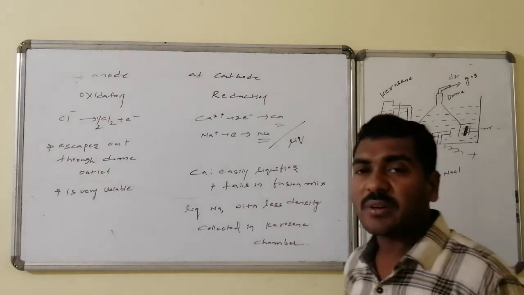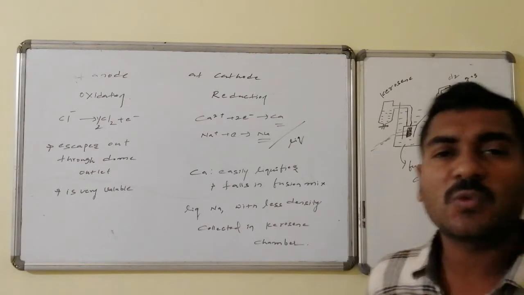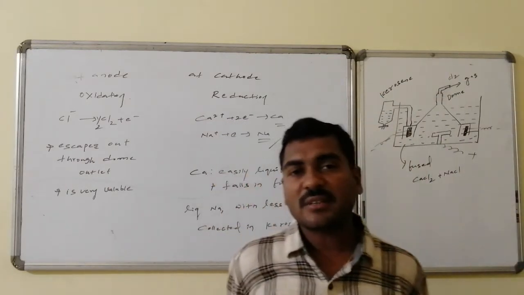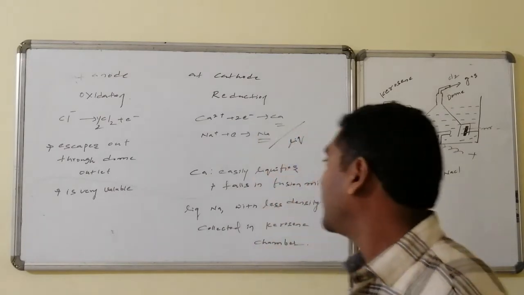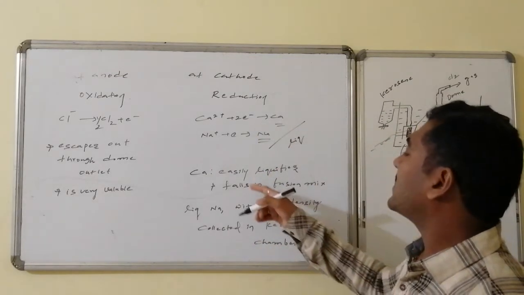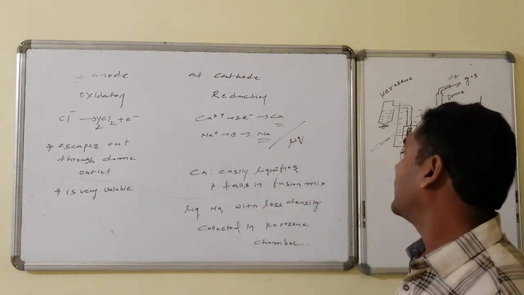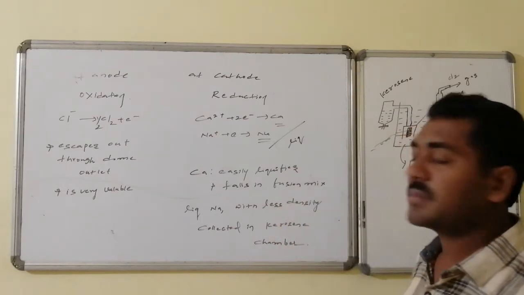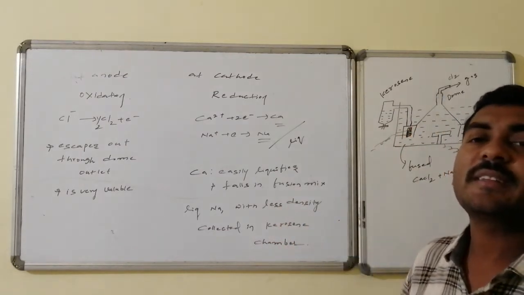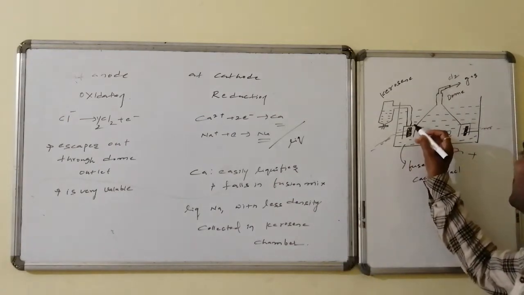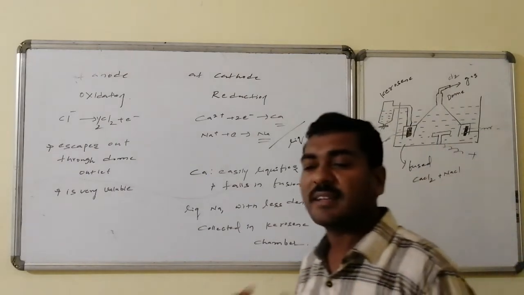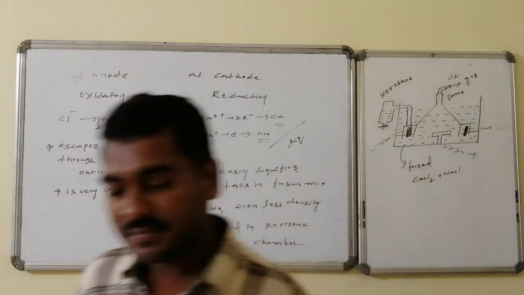Whereas at cathode reduction takes place, Ca2+ is converted to liquid calcium, Na+ is converted to liquid sodium, but the solidification temperature of calcium is low, hence once again it falls in the fusion mixture itself, whereas liquid sodium, which has lower density and a higher melting point, through this cooling pipe reaches the kerosene chamber and is collected. Thus sodium is prepared.